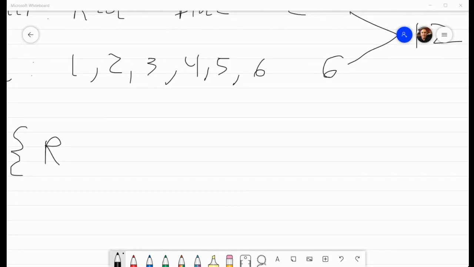Here we go. We have R1. So that's if the spinner lands on red and the die gives us a 1. We have R2. We have R3. Right? So we're listing all the outcomes where the spinner is red, okay?